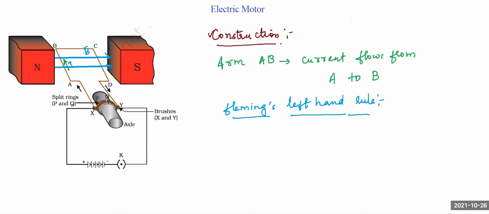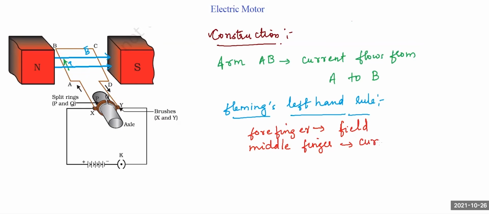Fleming's left-hand rule says that if the forefinger is oriented in the direction of the magnetic field and the middle finger in the direction of current, then the thumb points to the direction of force experienced by the conductor.